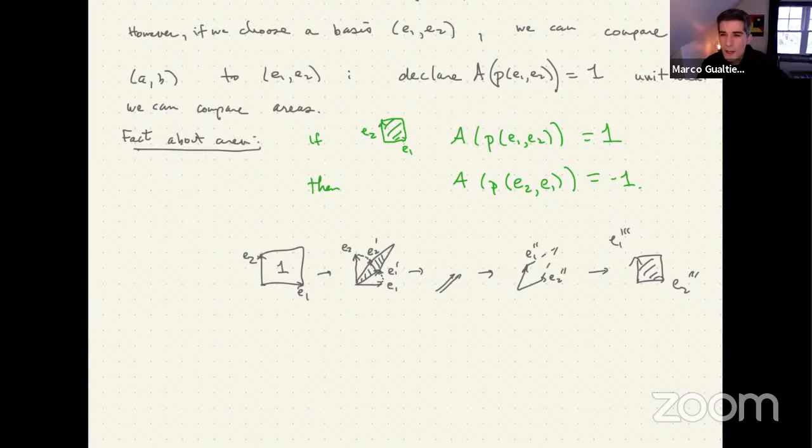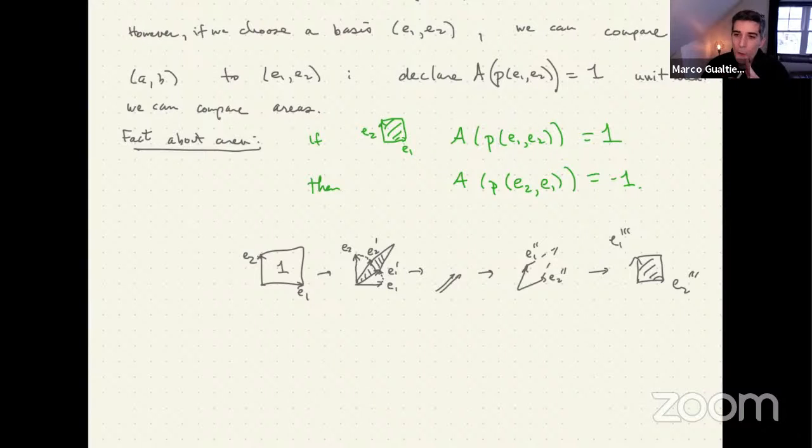So if you want the area to depend continuously on the vectors that you're considering, you're forced to go into the negatives. And so the way that we do this is that we say that an area is associated to a list of vectors.